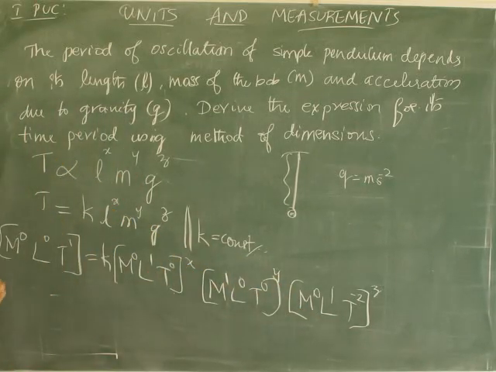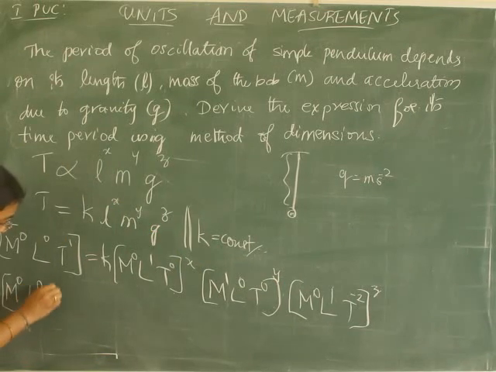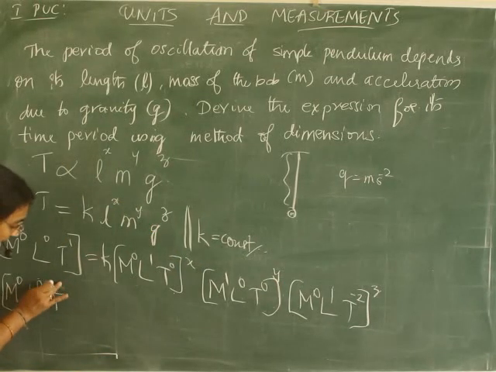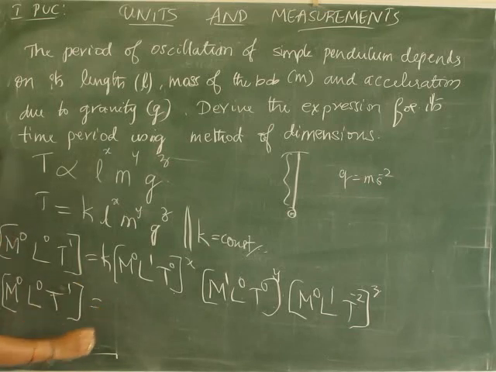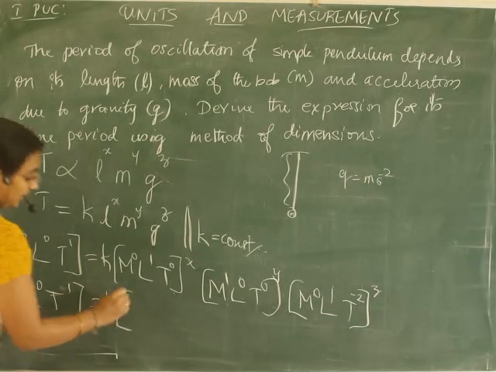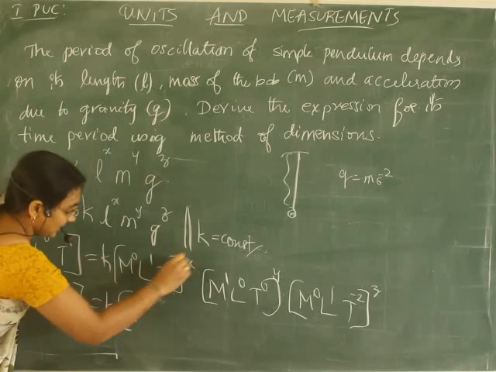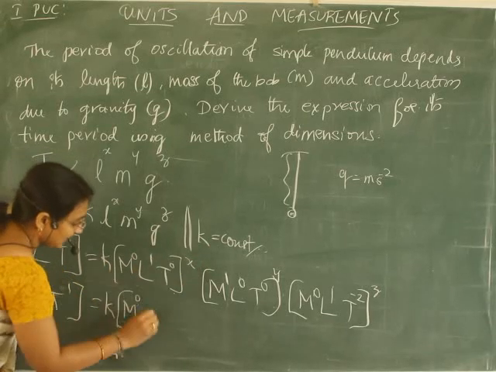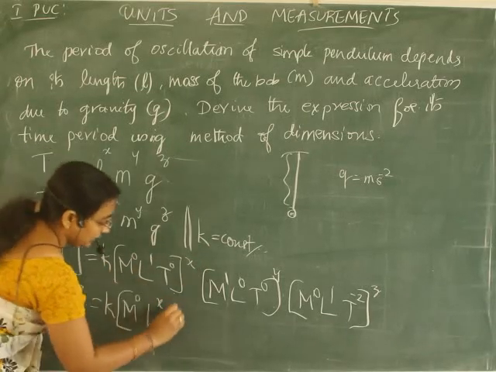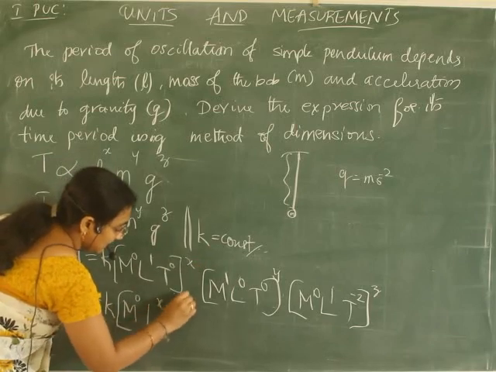Okay. Before that, I'll write once again neatly. M to the power 0, L to the power 0, T to the power 1 is equal to K. M to the power 0 into x, 0. L to the power 1 into x, x. T to the power 0 into x, 0.